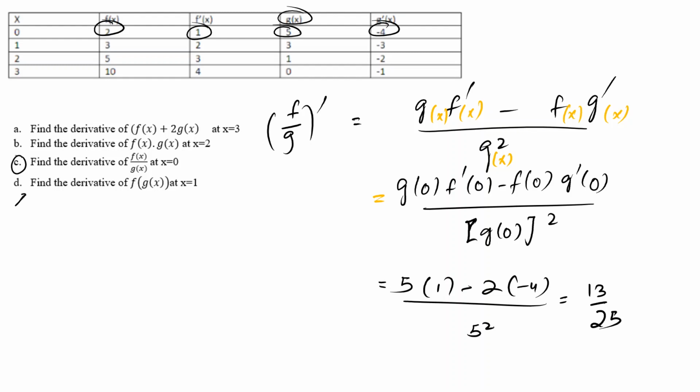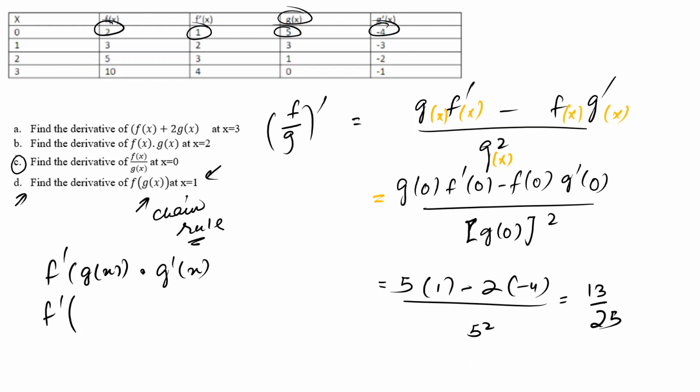Now the last part, D: find the derivative of f of g of x. It means you have to apply the chain rule again. Take the derivative of the outer function times the derivative of the inner function. Now replace all the x by 1. So f prime, now I am only replacing the x by 1.